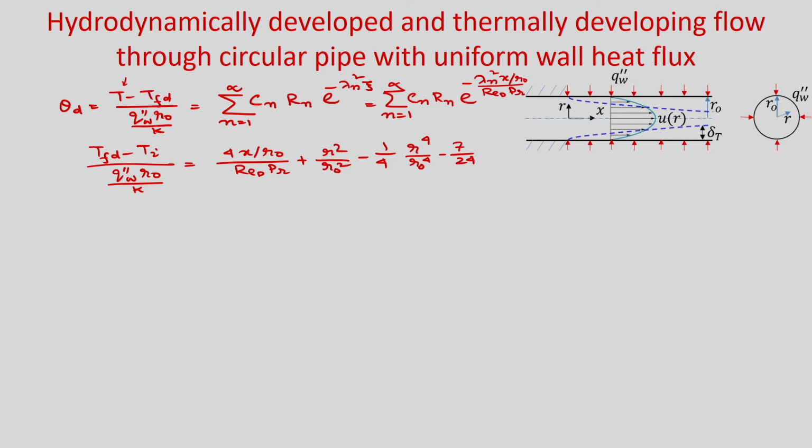Okay. So, if you add it, then T_fd will get cancelled, and you will get T minus T_i.